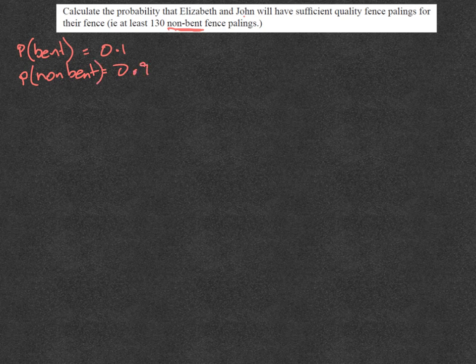so that's important. You'll notice that they purchased 150 palings. So in terms of our binomial distribution, because we've said it's binomial, this would equal our number of trials.